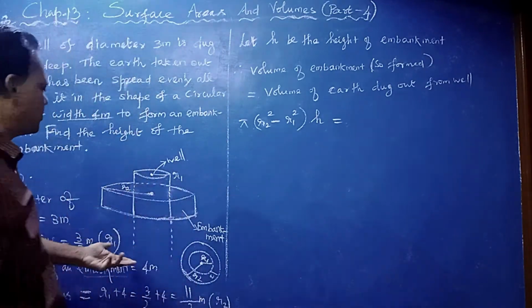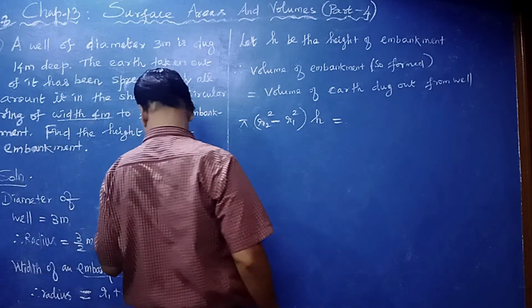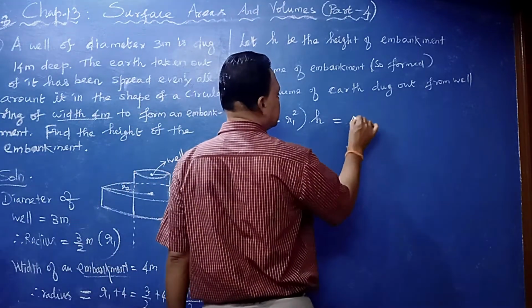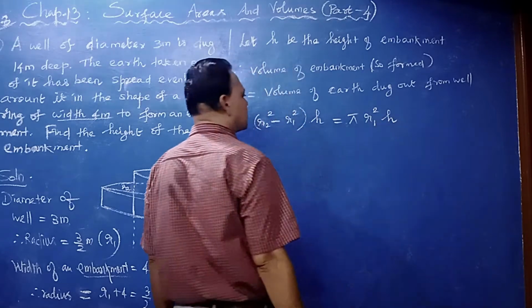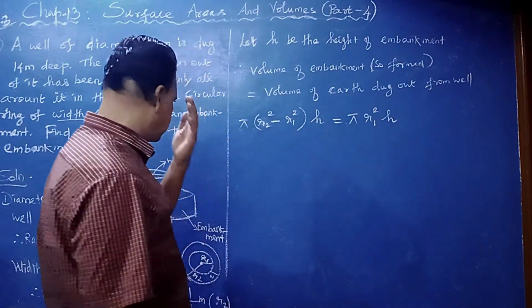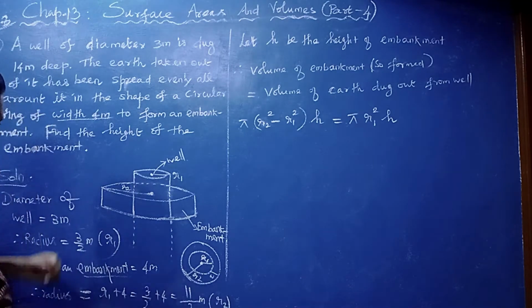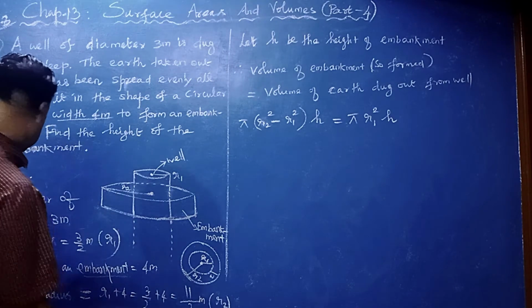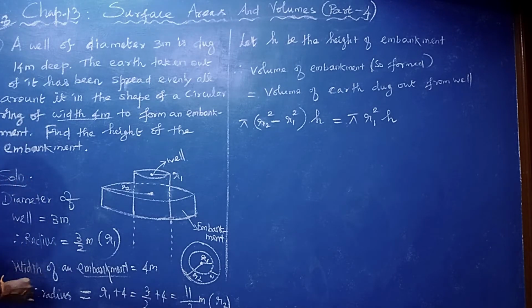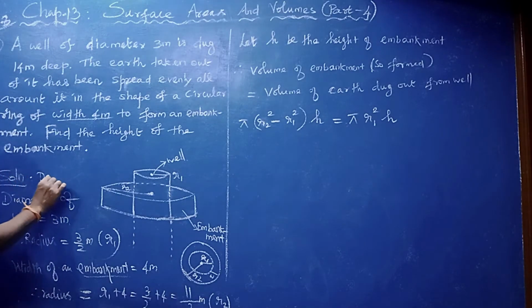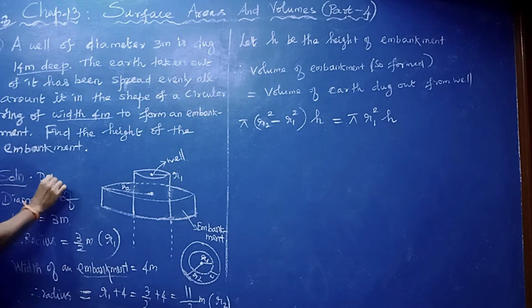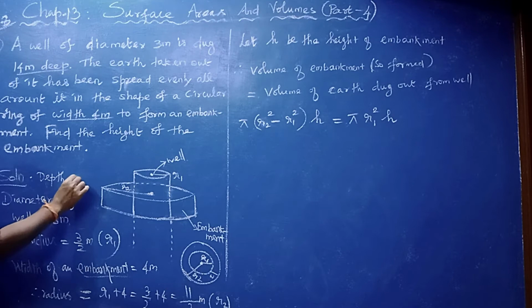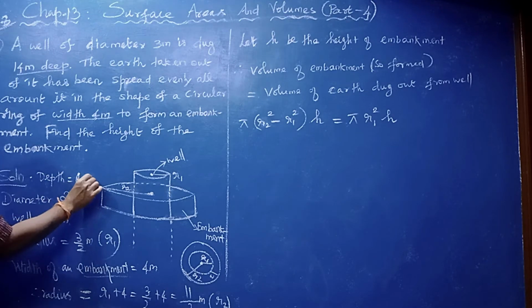That is also cylinder form. So pi R1 squared H, here also you are getting the depth of the well. Depth is given, so we have to write that, 14 meter.